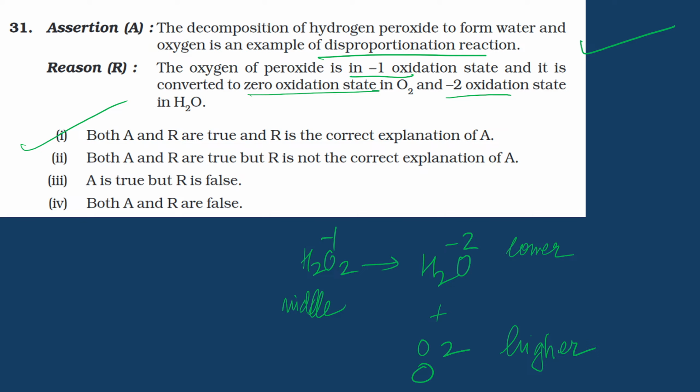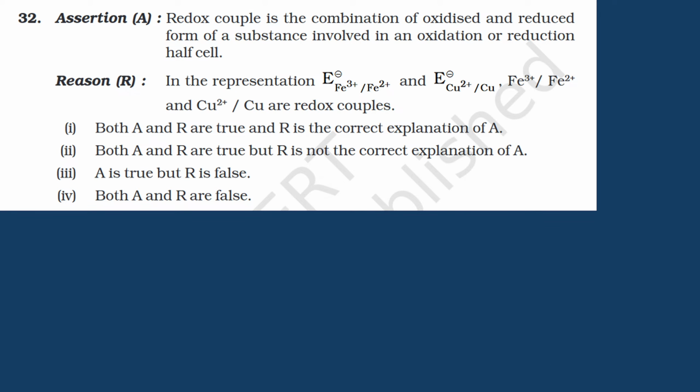That happens quite rarely. Question 32, the last question that we're going to solve on this topic right now. Redox couple is the combination of oxidized and reduced form of a substance involved in an oxidation or reduction half cell. This seems right. What do you think?